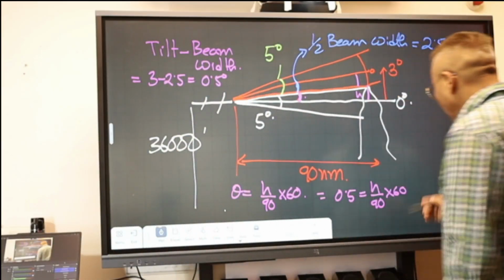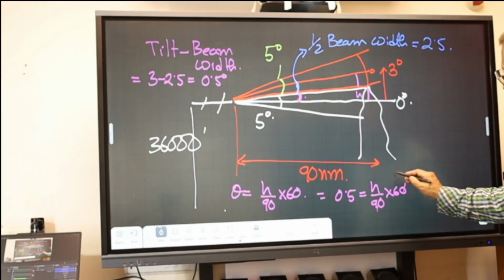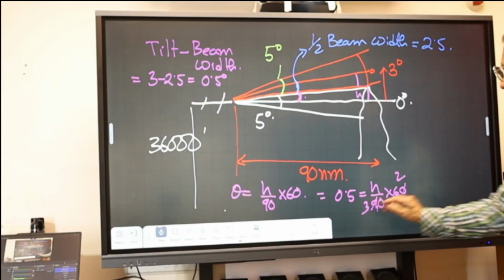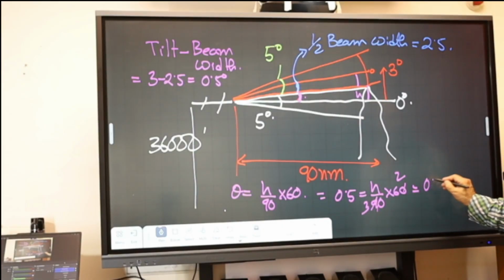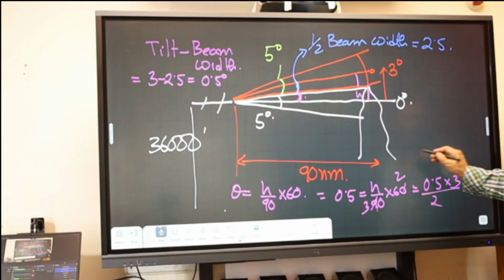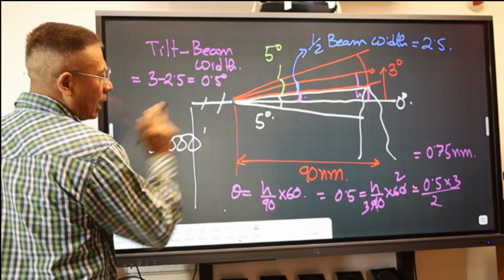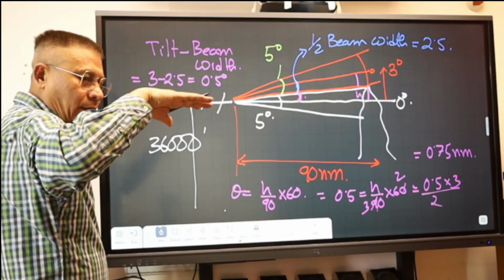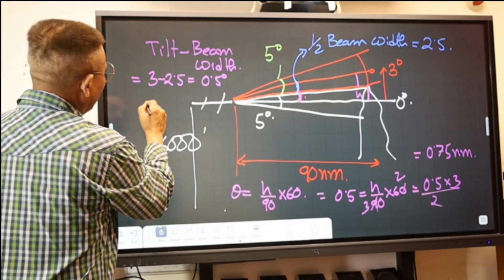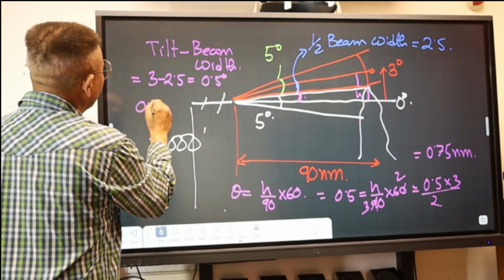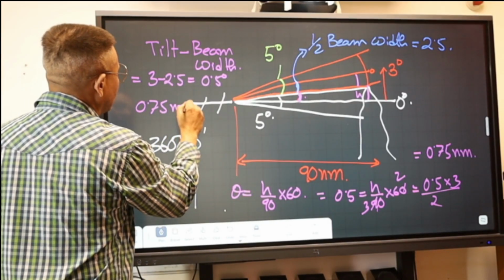So h is equal to, this is 2 and this is 3, 0.5 into 3 divided by 2, which is equal to 0.75 nautical mile. Now we have found out that the height of the cloud above my flight level is 0.75 nautical miles.